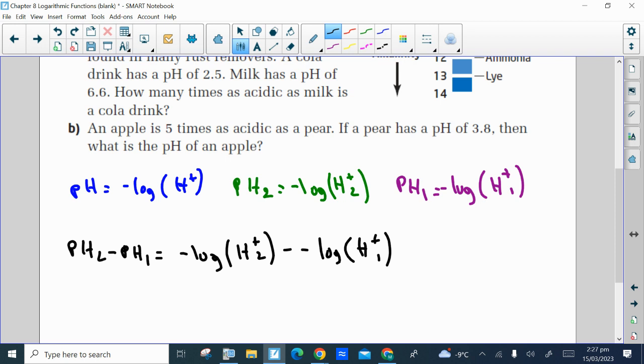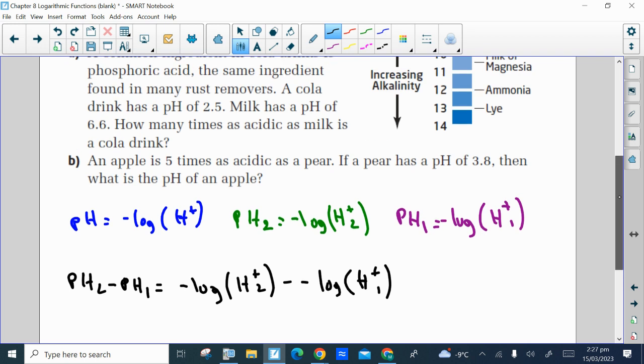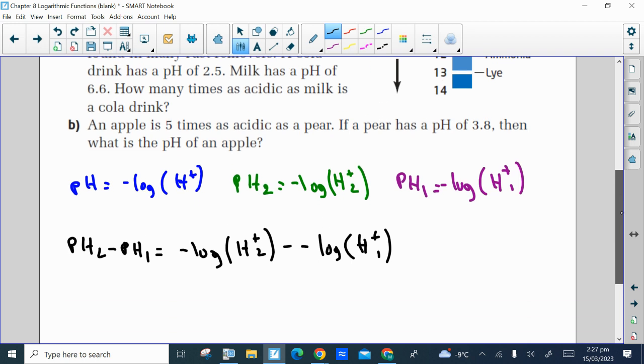On part A of the previous question, we waited till the end to put in our two pHs. I said we could have done it at the start, so let's do it at the start. Again, we want to know how many times more acidic the cola is compared to the milk, so the pH 2 will be the one that's more acidic, which means has a pH closer to 0. So it'll be 2.5 take away 6.6. And on the right side here, you have a minus minus, that's going to become a plus positive.